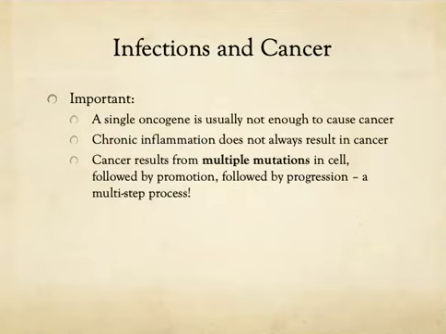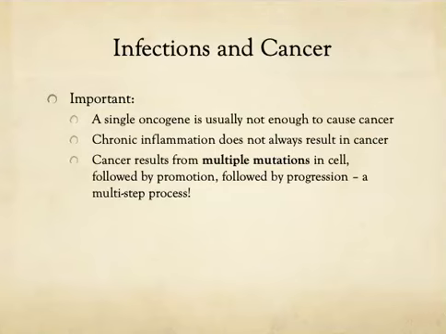Here's some important information. A single oncogene inside of a cell is usually not enough to create a cancer. That's good news for you and I. Chronic ongoing inflammation does not always create a cancer. That's good news for you and I. We recognize that cancer results from multiple mutations inside of a cell over time.